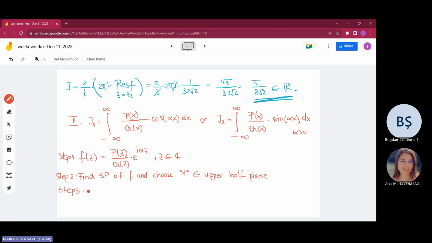Step 3: compute the residue of f in the singular points which are in the upper half plane.